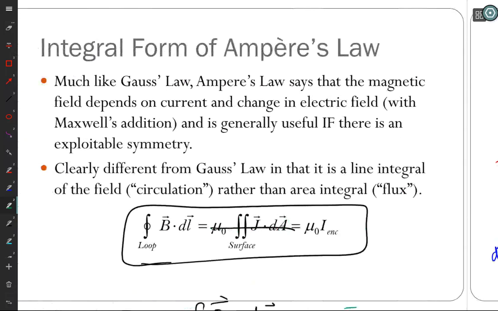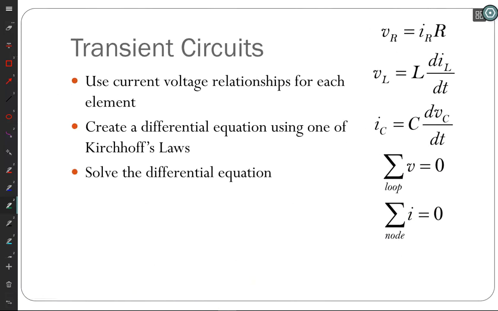Now, the last thing that could come up, the one that I had listed here first, was transients.